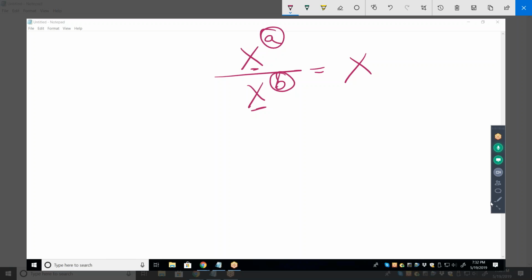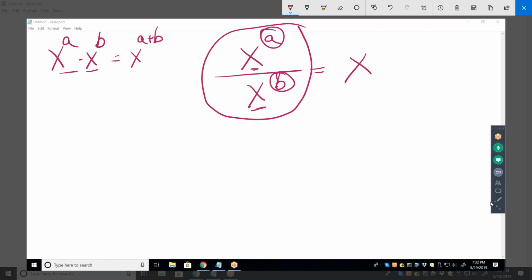Multiplication is the inverse of division. So all of these rules follow this principle of one level less. The first one we had, x to the a times x to the b, is multiplication. One level less is addition. This one that I circled, we're doing division, so it translates to subtraction, one level less than division. So it's a minus b.